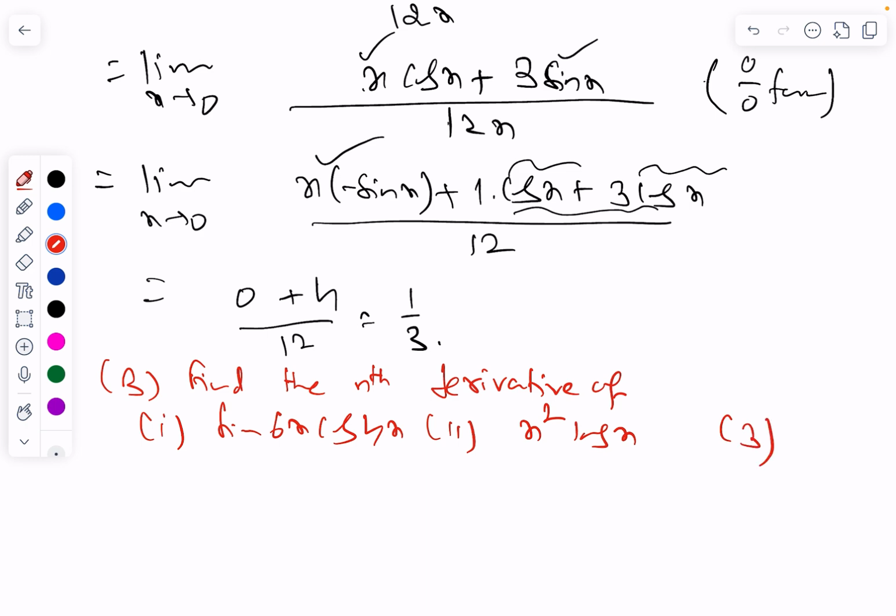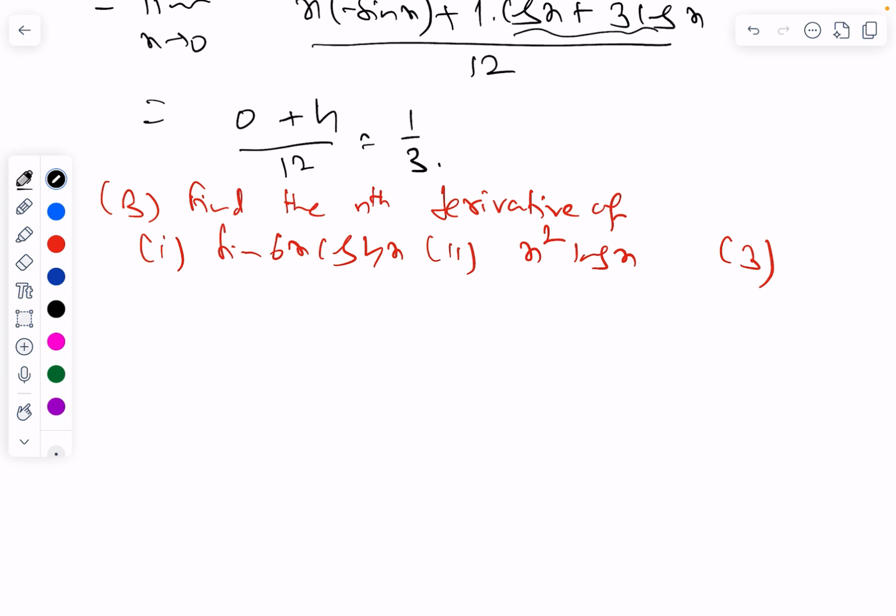So that is a 3-mark question. So let us see. Let us take the first.